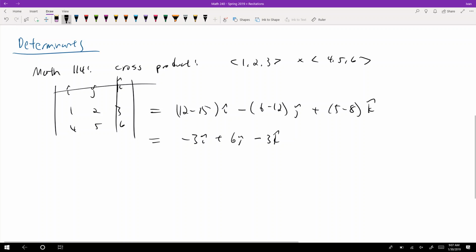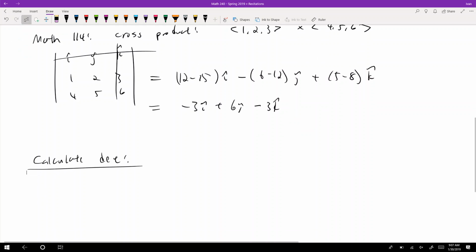So in 240, we're going to calculate the determinant in two methods. The first method is going to be the cofactor expansion method, or I think McGrath calls this the row or the column expansion. The idea is the same as Math 114, except there's a little twist to it.